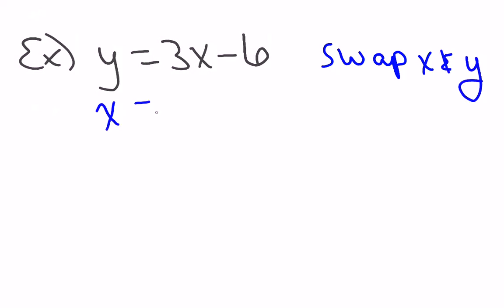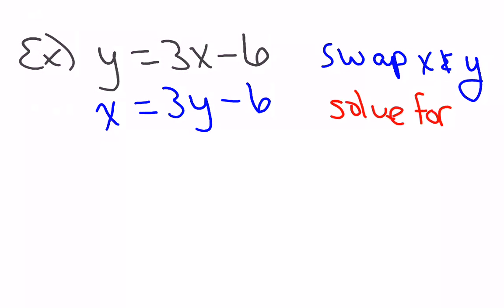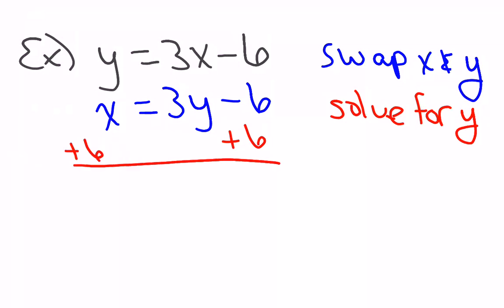So we're going to say x equals 3y minus 6. Then our next step is to solve for y. So we still want it to be y equals. In this case, we're going to add 6 to both sides. So we have 3y equals x plus 6.